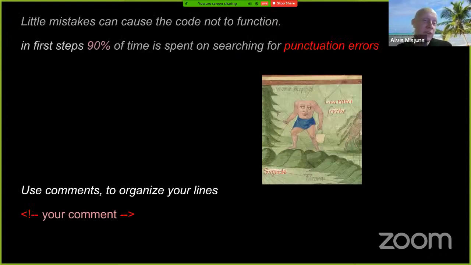Little mistakes, like in programming, can cause the code not to function here in HTML, and the first 90 percent of the time is spent searching for punctuation errors. That's true. I recommend using comments to organize your lines. You can comment things out, and you can type any symbols you want. It won't be read.